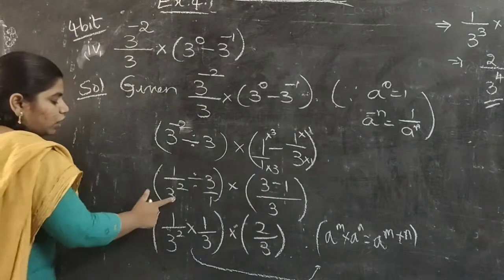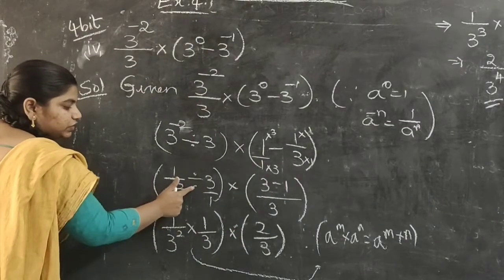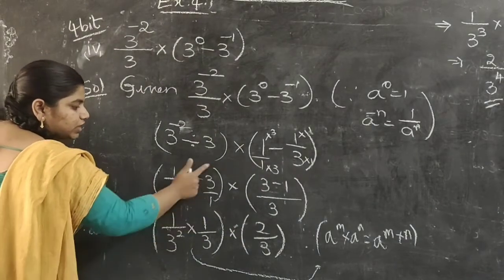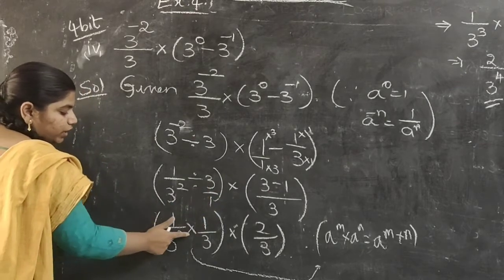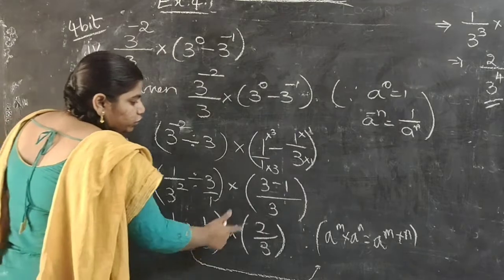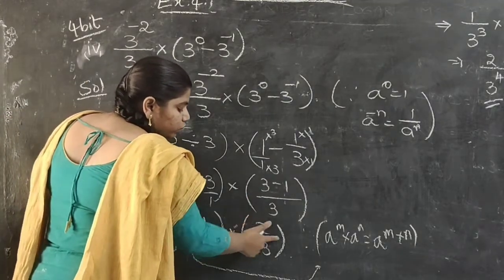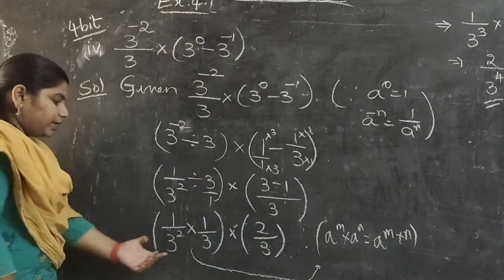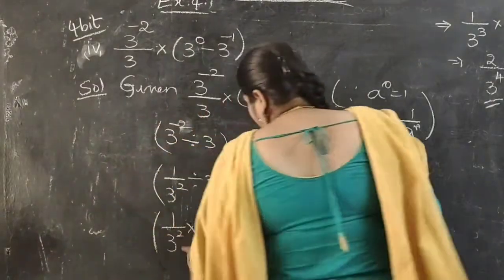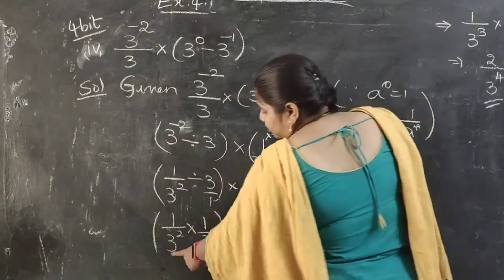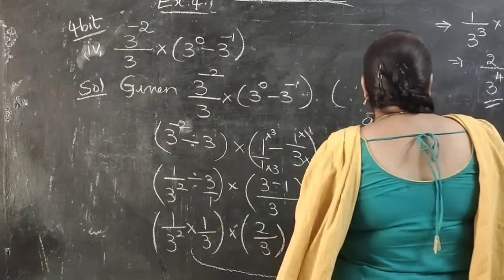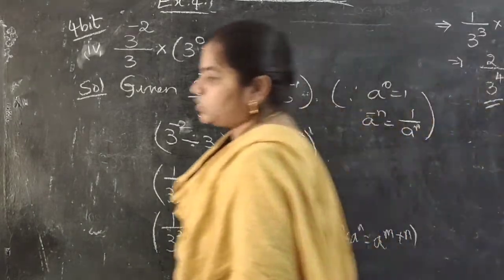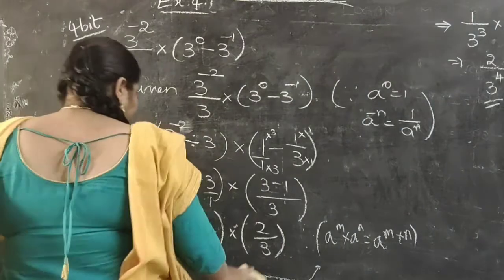So how do we divide these two terms? Division will be converted into multiplication. The second term will be the reciprocal. So 1 by 3 square into 1 by 3 into 3 minus 1 will be 2 by 3. So multiply these two terms. That is 1 ones are 1, and both the bases are equal. Powers can be added, or you can do it here itself. Instead of writing this step, you can directly multiply.